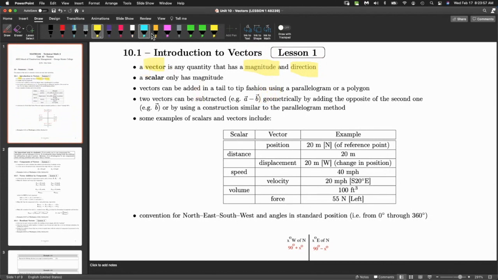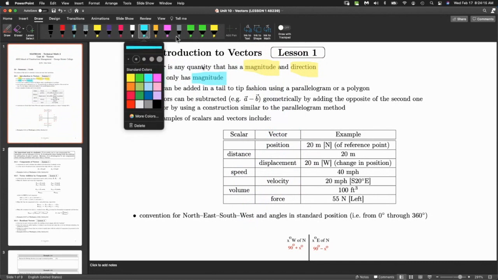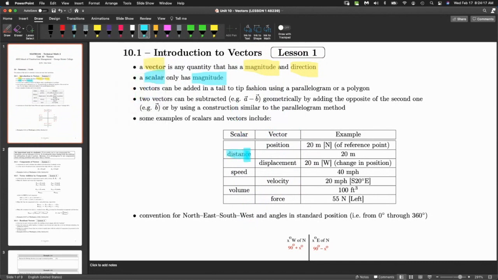If you cannot apply a direction to a quantity and it's just a magnitude, we call that a scalar. So in this table below, I've alternatingly put different quantities for which there are scalar or vector quantities associated. For example, distance. Distance is a scalar, 20 meters.